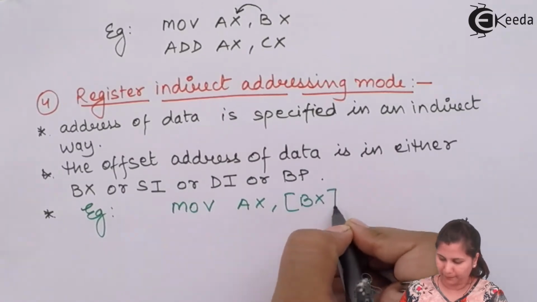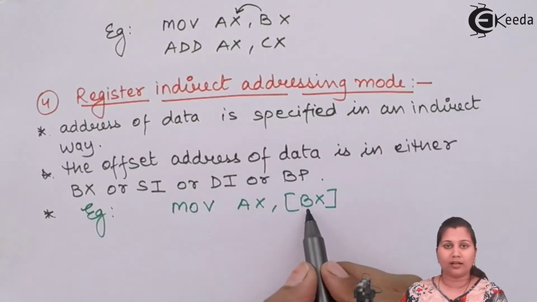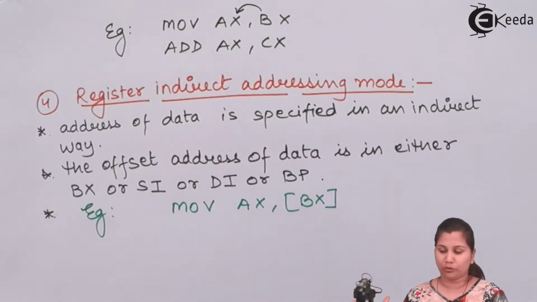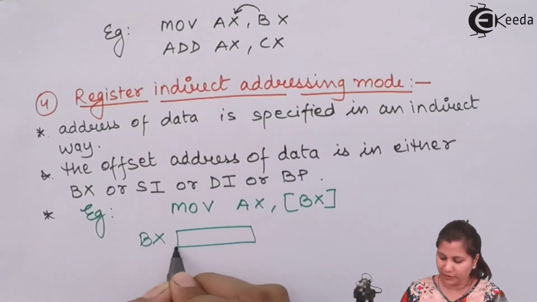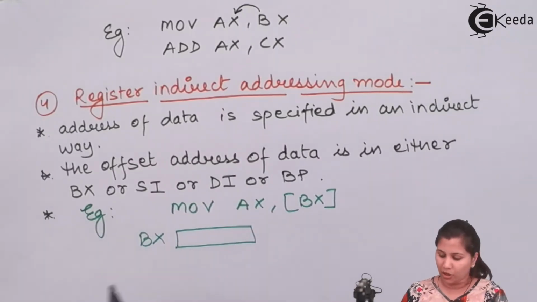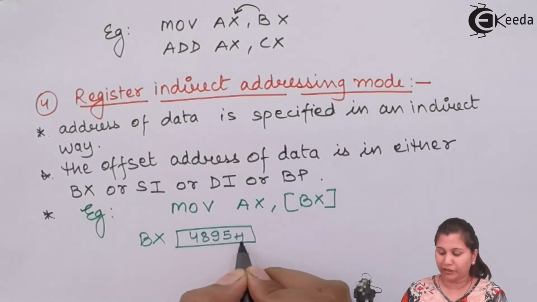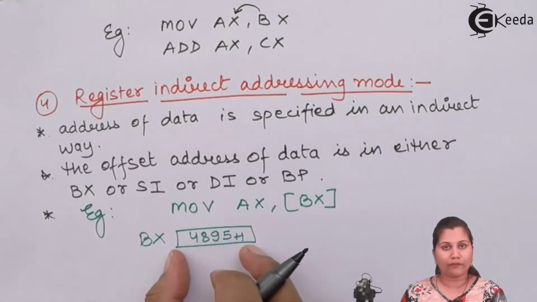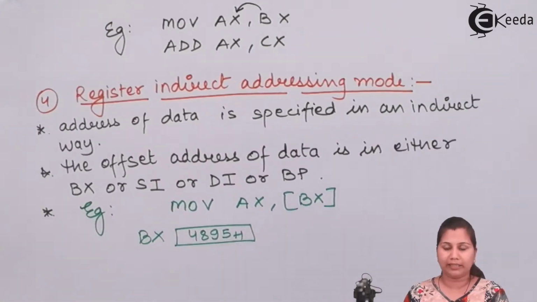So in this instruction, the data which is stored at some memory location has to be moved into the accumulator register. Now this BX register contains the offset address of that data. Offset address means, suppose it is containing 4895H. So that is the offset address. Now we have to add this address to the segment address.